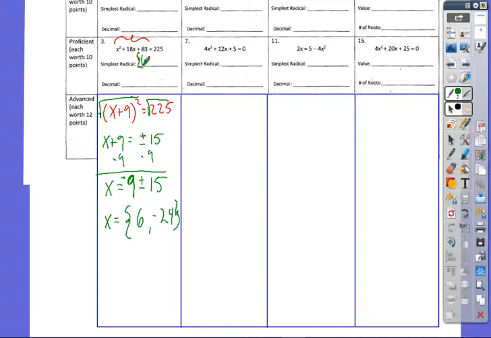It's important to have the squiggly brackets because otherwise, if I use normal parentheses, it looks an awful lot like a coordinate point. And the answer is not, in this case, 6 comma negative 24 on a grid. It's 6 comma 0 and negative 24 comma 0. It is the x-intercepts. All right, and then my decimal obviously is going to be the same thing.